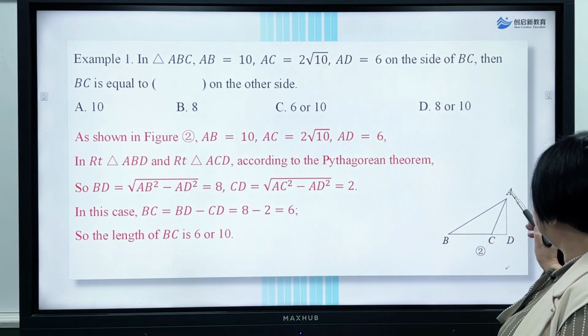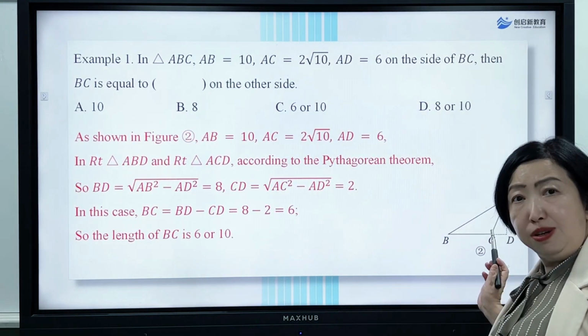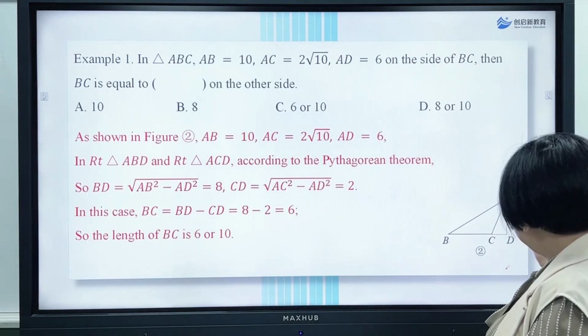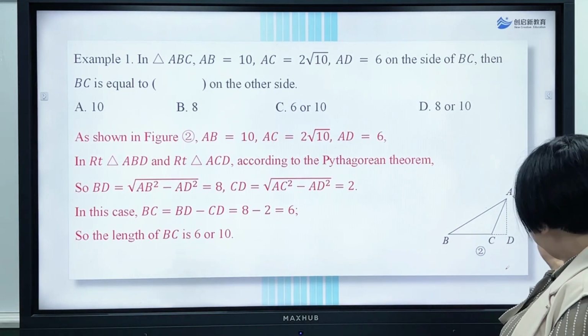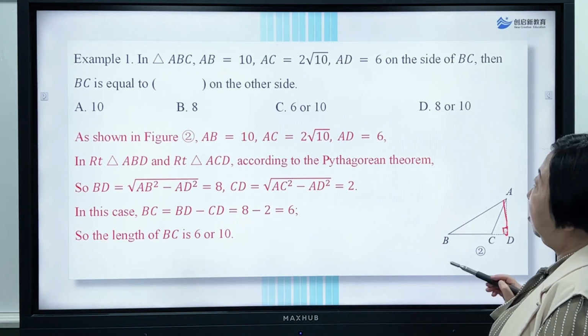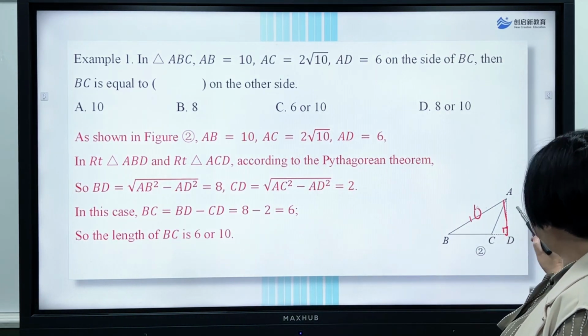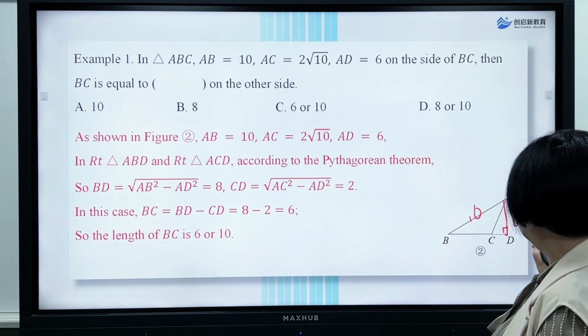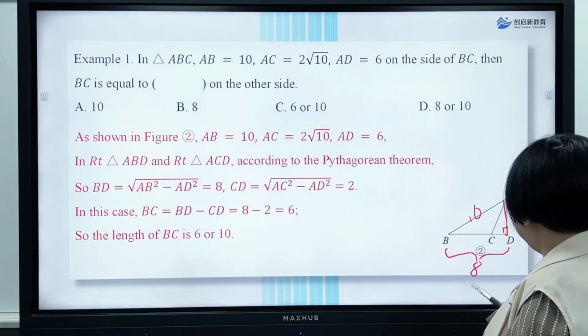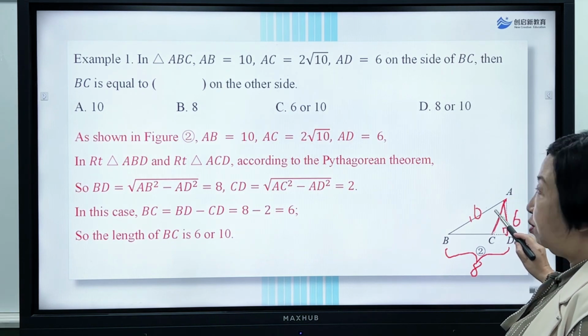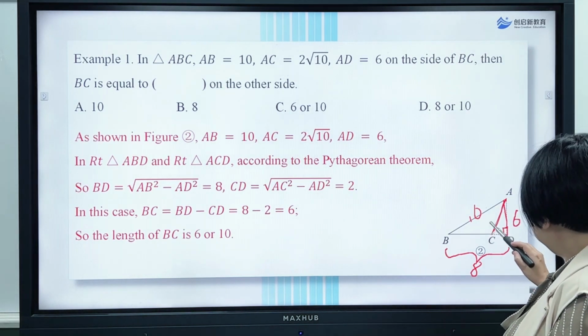Sometimes it is an obtuse triangle. The height is outside the triangle. AD is here. So AB is 10, AD is 6. Here BD equals the same 8. But here 2 root 10.